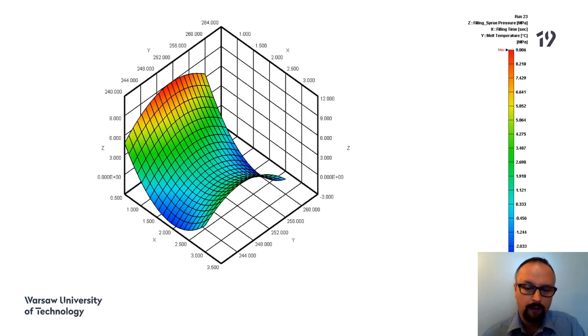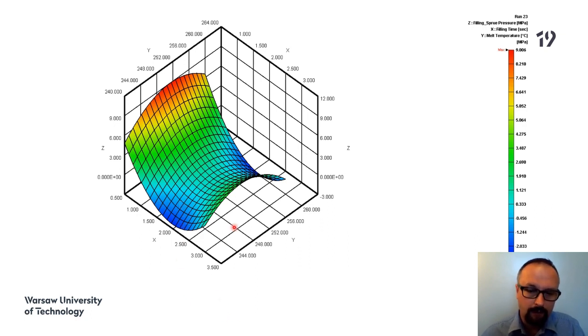But if we analyze the sprue pressure, we also have this, I would say, classic process window. So we need to find our best injection velocity, our best injection rate, to have the lowest value of injection pressure.